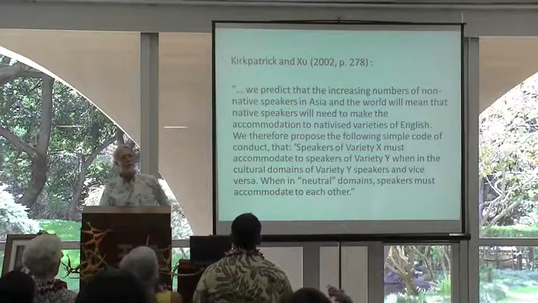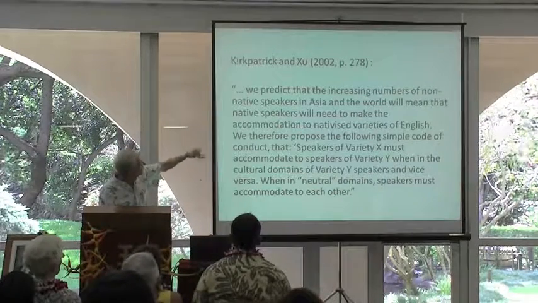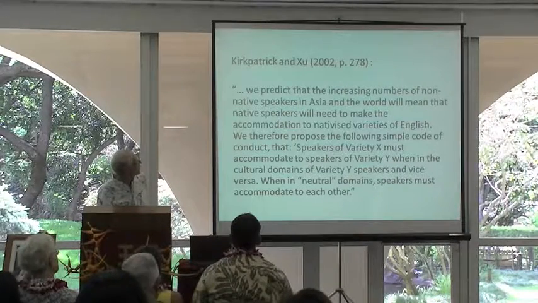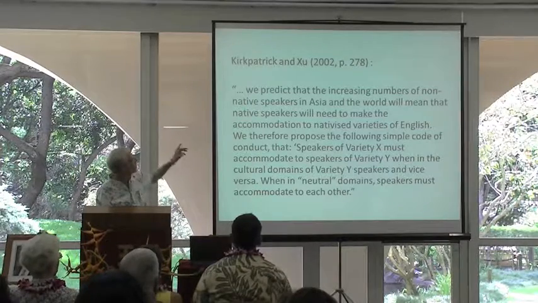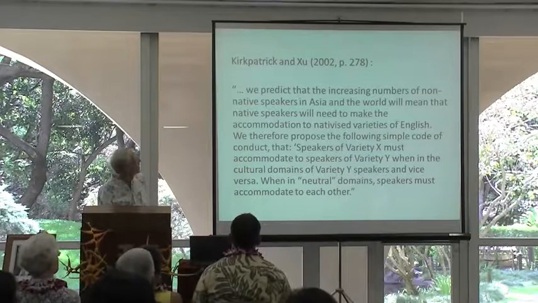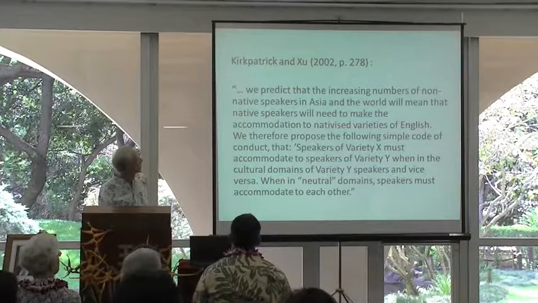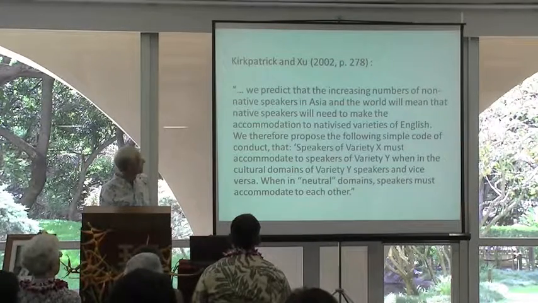So, what is the solution to this? Well, there is no good solution, but we have some things which I think help us understand this better. This is a quotation, obviously. We predicted the increasing numbers of non-native speakers in Asia and the world will mean that native speakers will need to make the accommodation to nativized varieties of English.